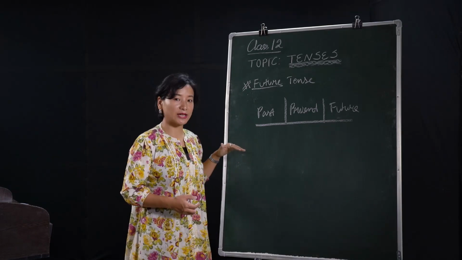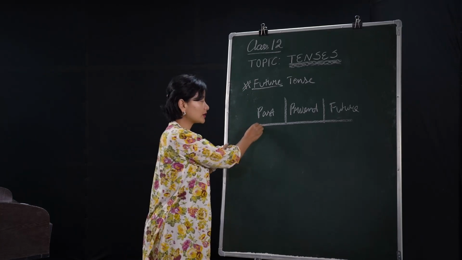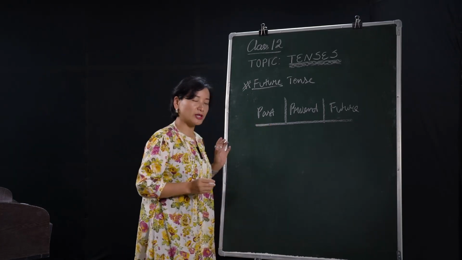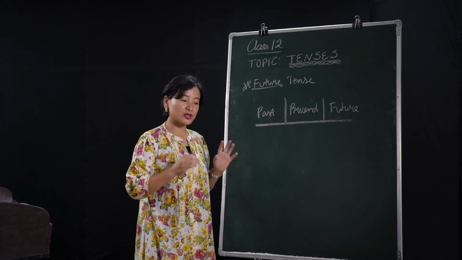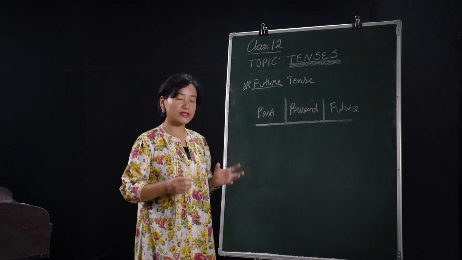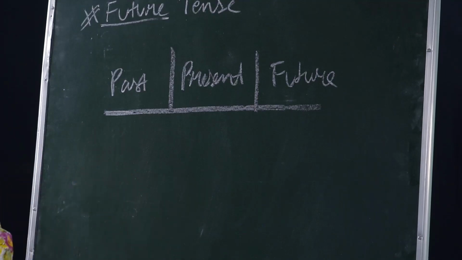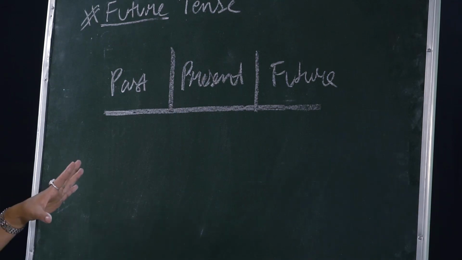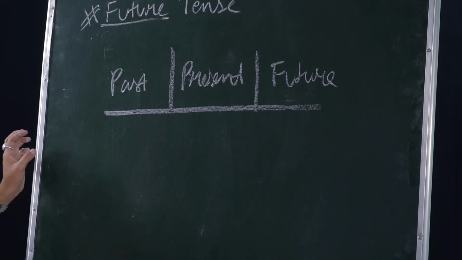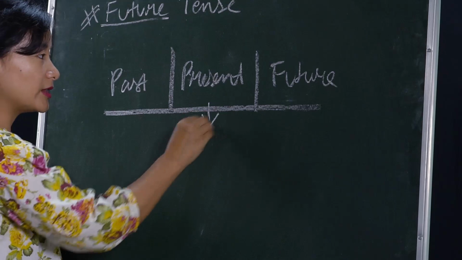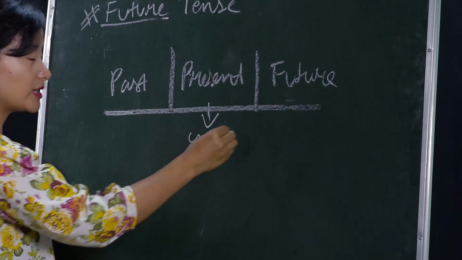When we say timeline here, literally you cannot go and structure someone's conversation: oh, there is he, there is will, that means it is in the future, or there is has or have, that means it is in the perfect tense. You cannot literally comprehend everything in that way when you are talking to someone. So here, using this timeline will do the trick. Remember, you are always in the present.